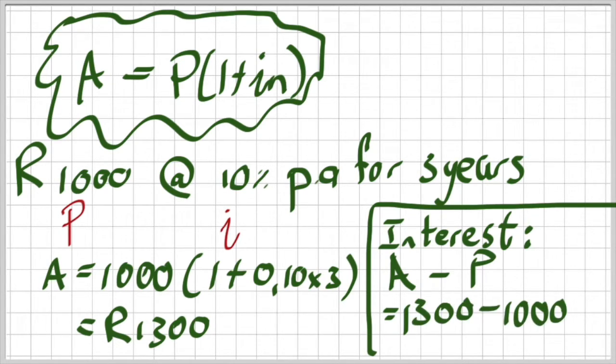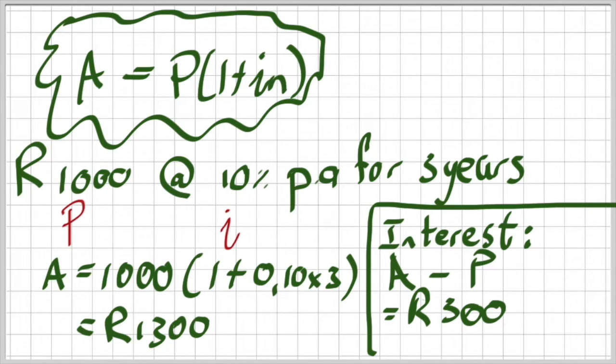So let me quickly go back. Interest, the amount of interest, is the difference between what you get out in the end and what you had at the beginning. So in other words, 1,300 minus 1,000, which is 300 Rand worth of interest.